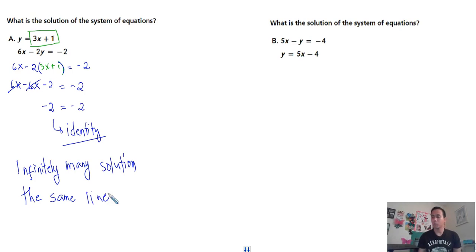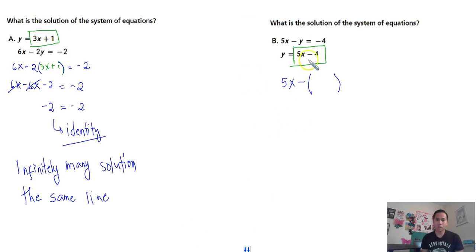Now let's proceed with letter B. What is the solution of the system? So again, this is the value of y. So I'll just plug that in on the first equation. So I have 5x minus, and you will see here the minus here. So make sure that you put the parentheses, okay, because everything will be as one group.